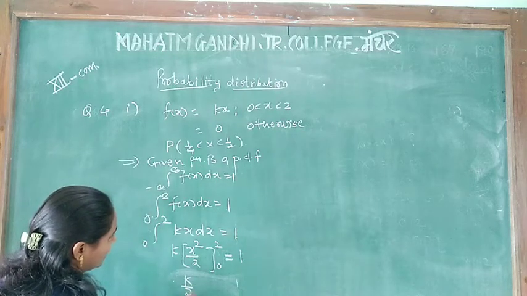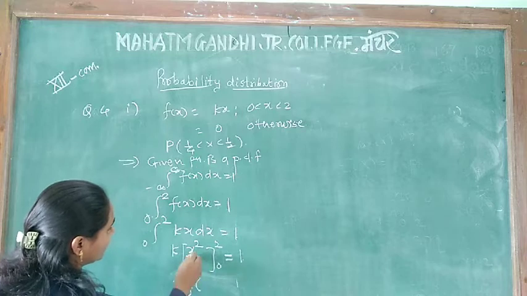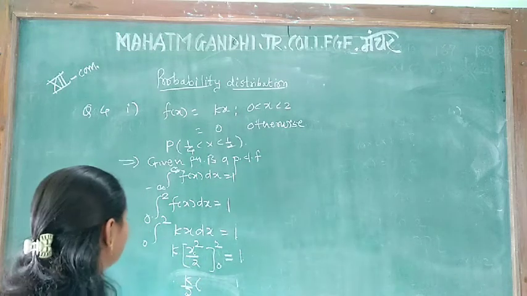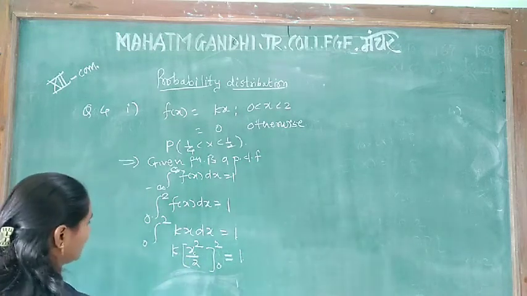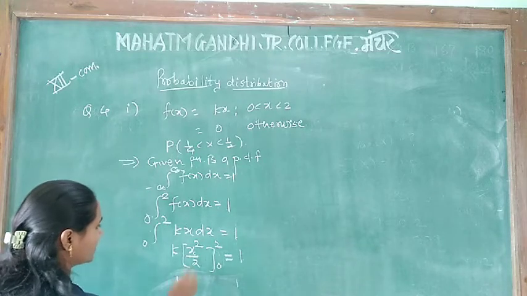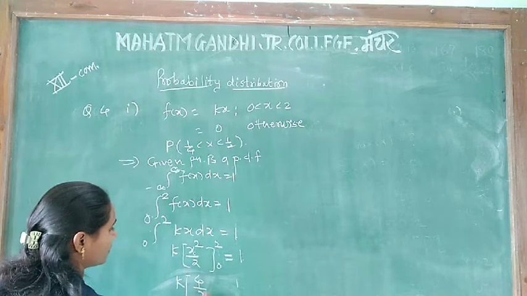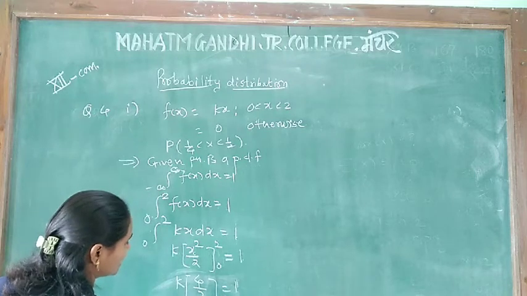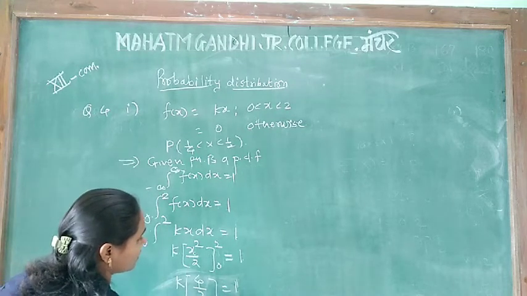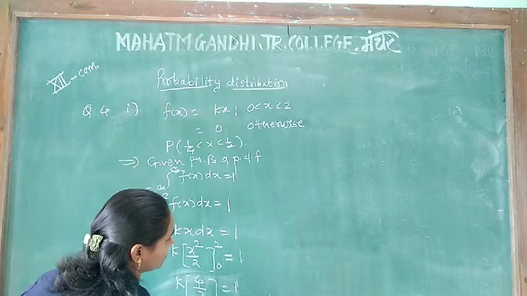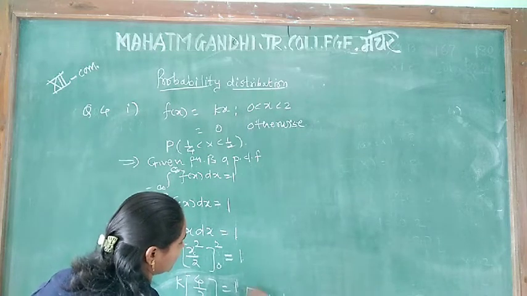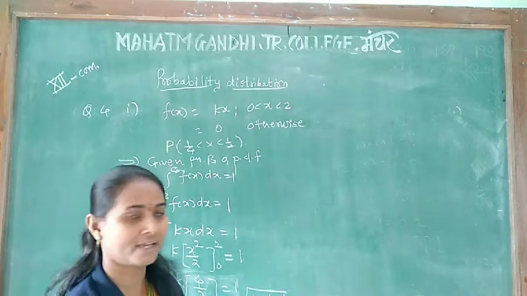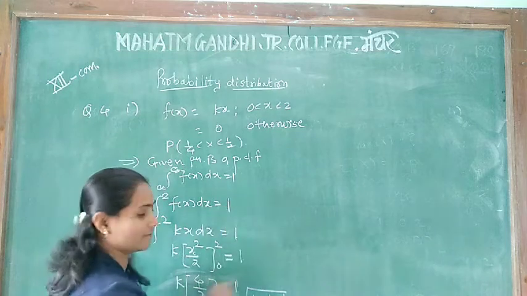Therefore k by 2 into, if we take the limit, k into 2 square is 4, 4 upon 2 is equal to 1. That is 2k is equal to 1. Therefore k is equal to 1 upon 2. If the given function is a PDF, then take the limit as 1 and find the value of k.